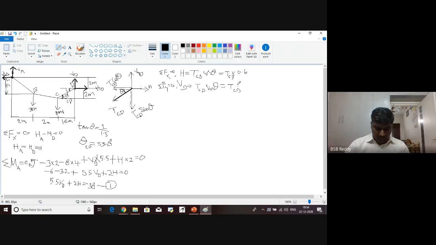Right. So this is H value and VD value in terms of TCD. So these two values you substitute in equation 1. Okay. So that is the next step that you have to perform.